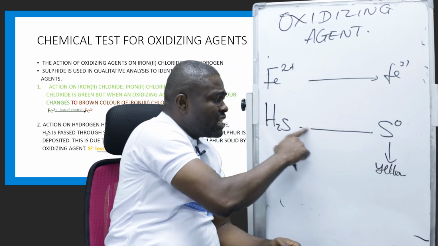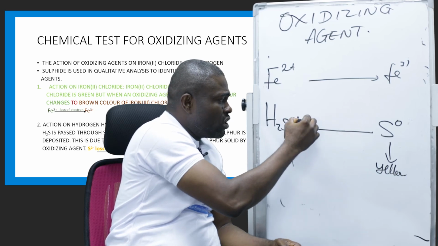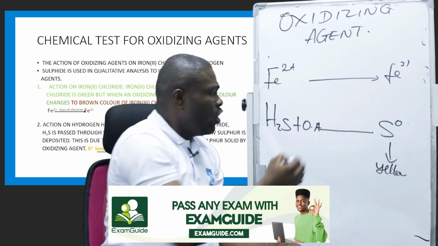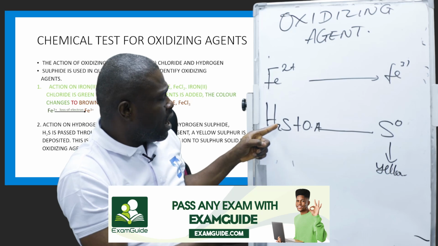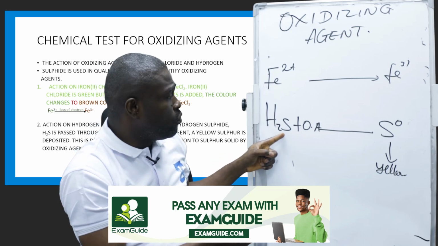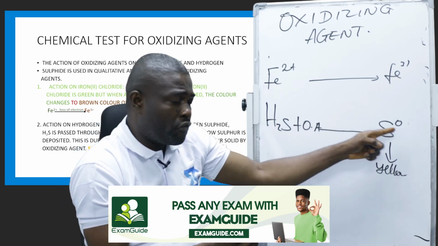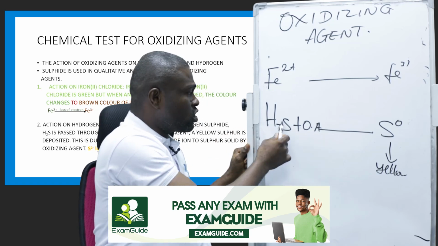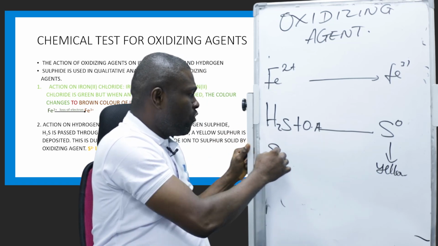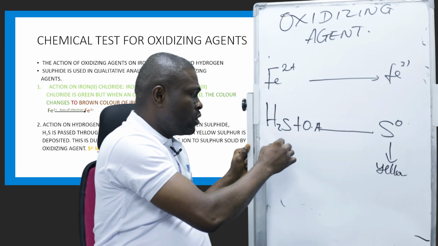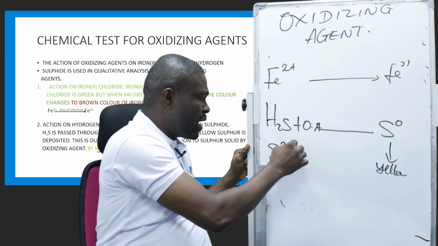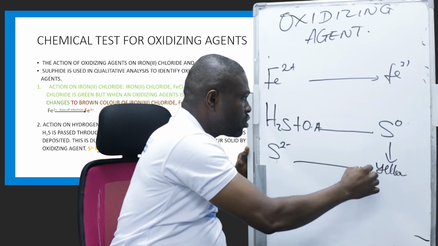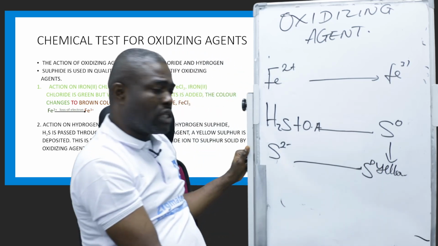The oxidizing agent you are adding here will cause this hydrogen sulfide to move to a neutral sulfur. What's the oxidation number here? -2. So you'll be moving from sulfur -2 to sulfur 0.